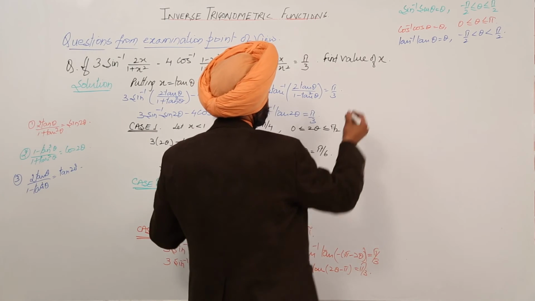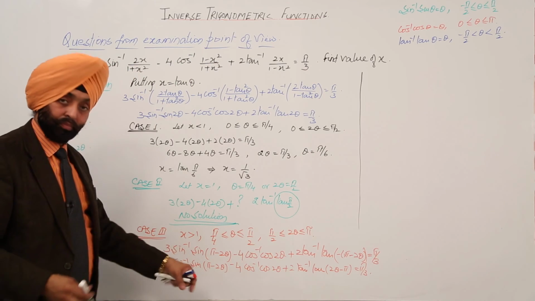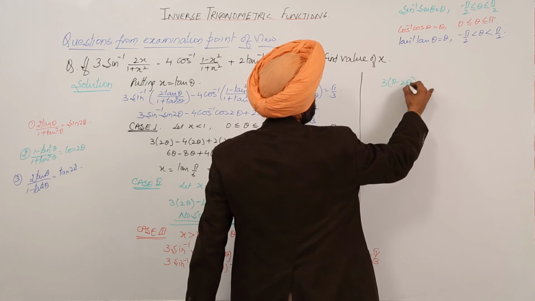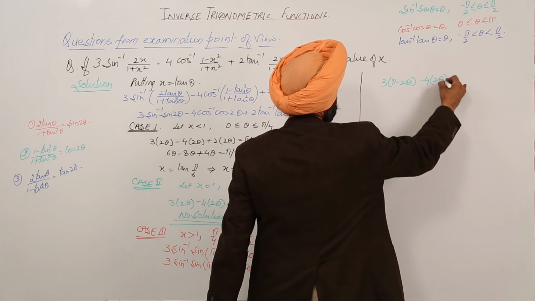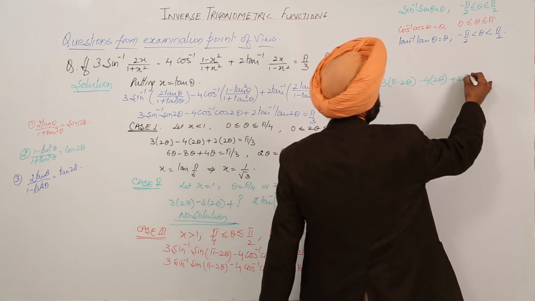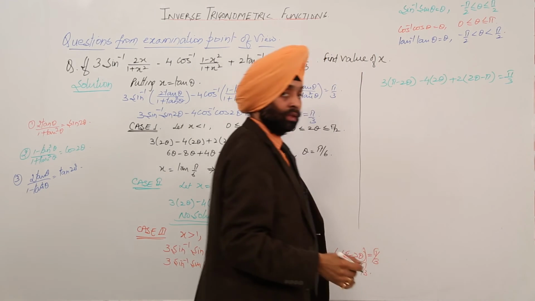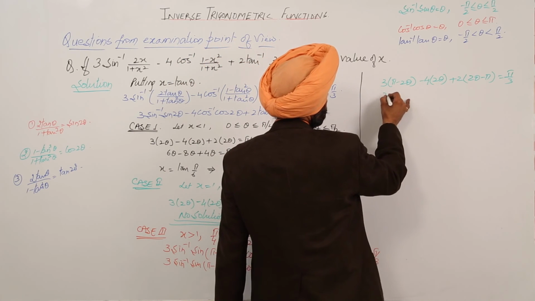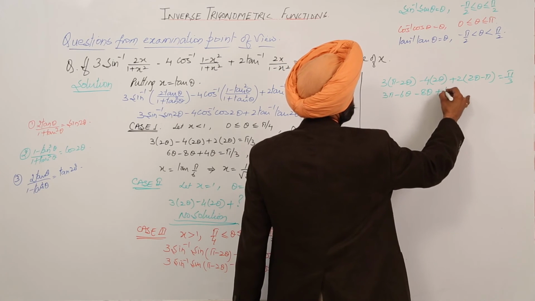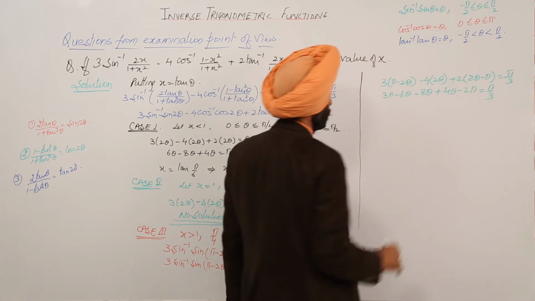Now through this part we can write 3 times pi minus 2 theta, minus 4 times 2 theta, plus 2 times 2 theta minus pi, is equal to pi by 3. Now let's solve it. We are having 3 pi minus 6 theta minus 8 theta plus 4 theta minus 2 pi is equal to pi by 3.